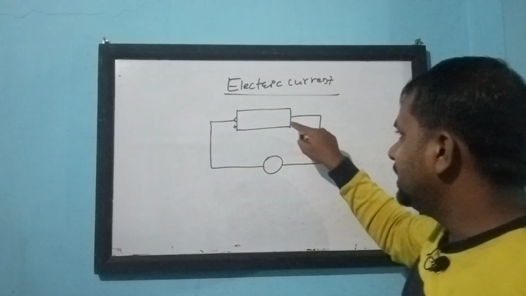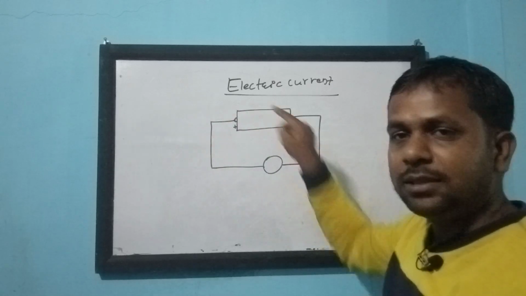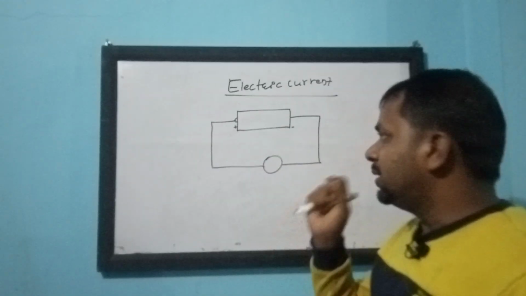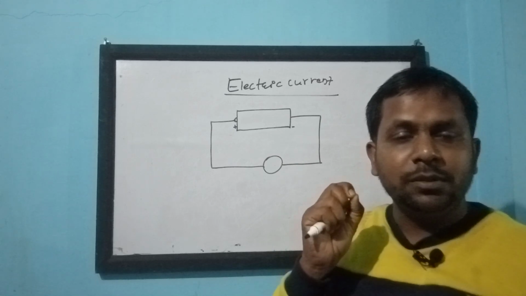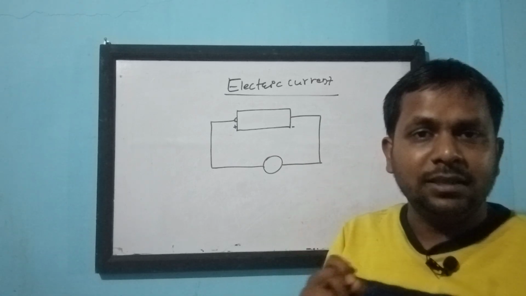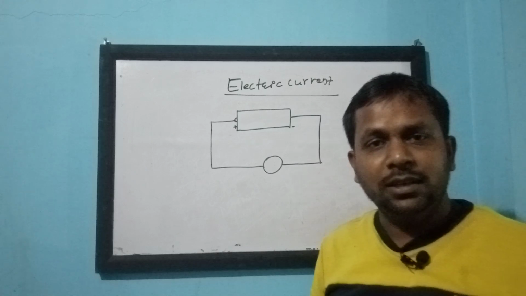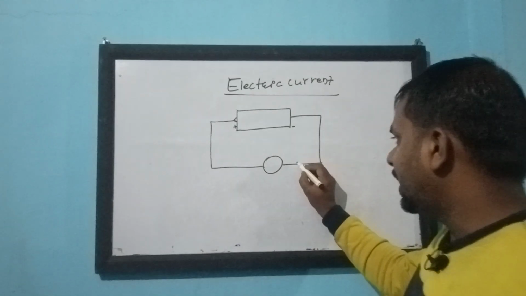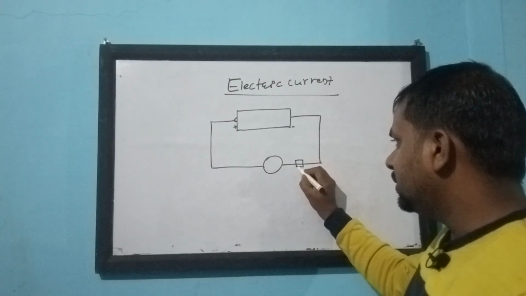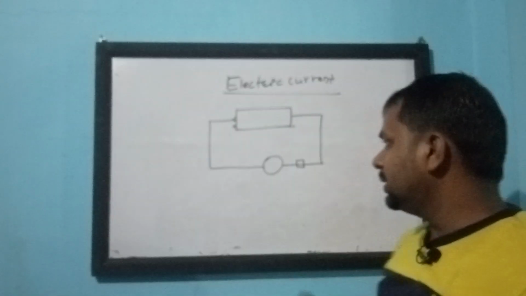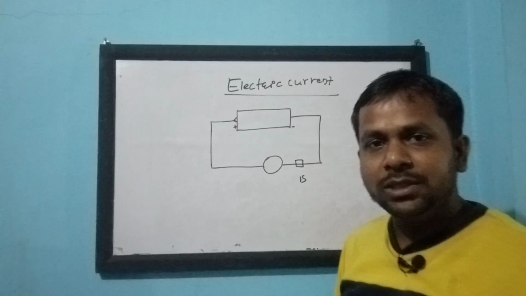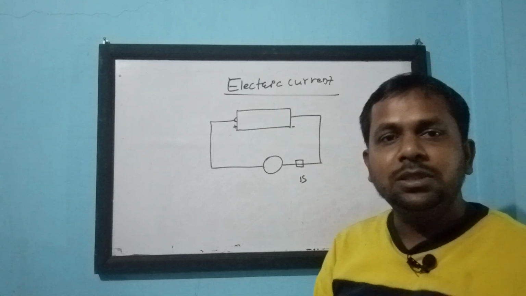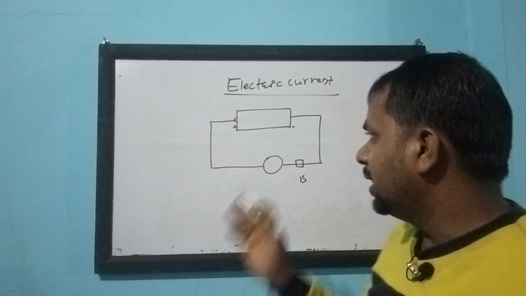Okay, when this electron flows in this circuit, the rate of flow of charge is simply known as current. Suppose we are finding the value of current over here, then per second how much charge is moving through this circuit, that gives the value of current.